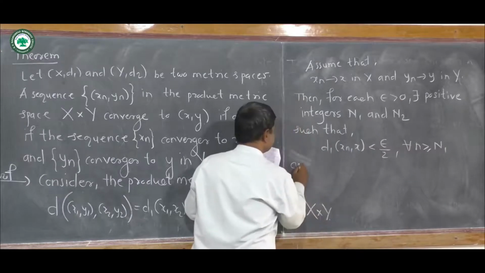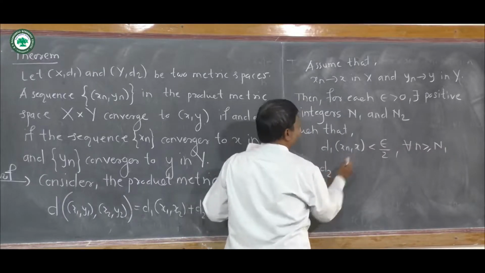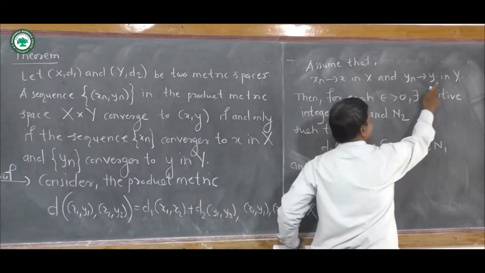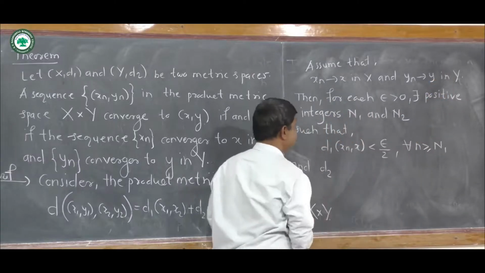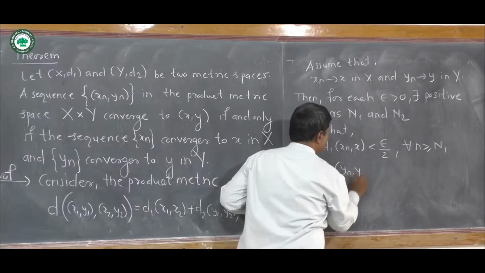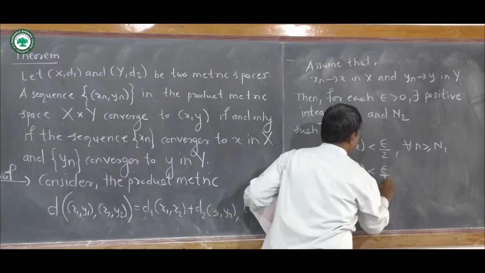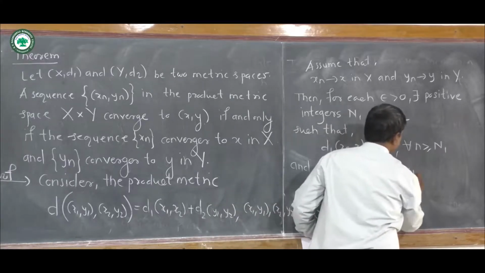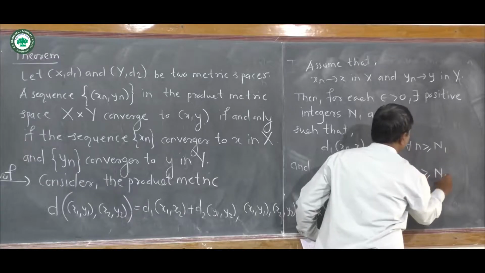and now yn converges to y in Y, so therefore we write d2 of yn comma y is less than epsilon by 2 for all n greater than or equal to n2.